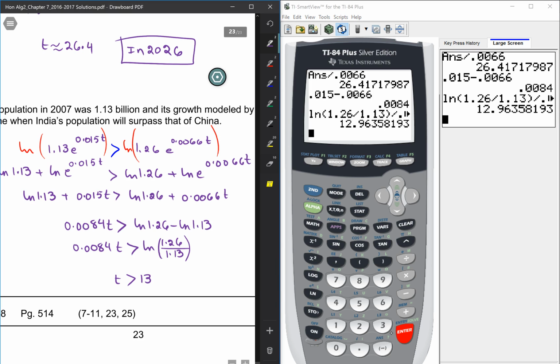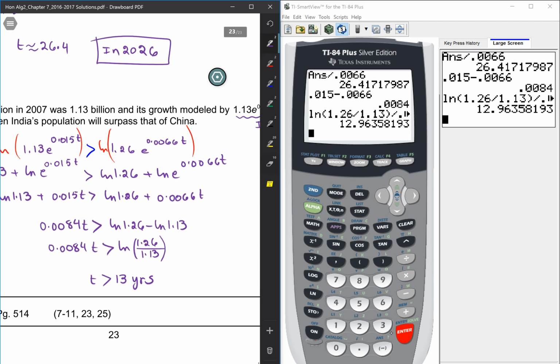Yeah, it's about 13 years. So that's 13 years from what? 13 years from 2007? Yeah, 13 years from 2007.